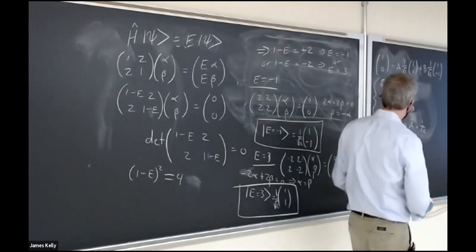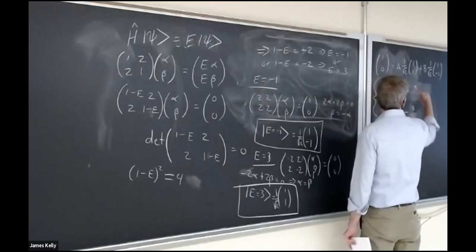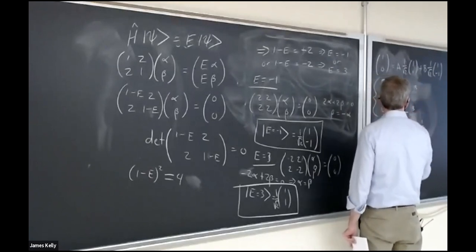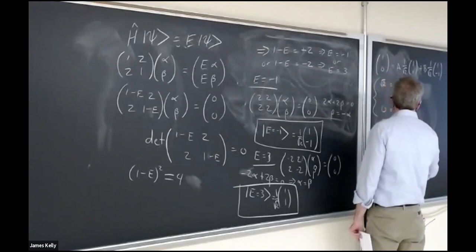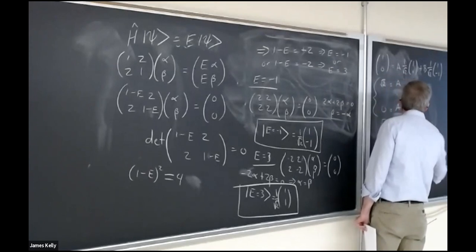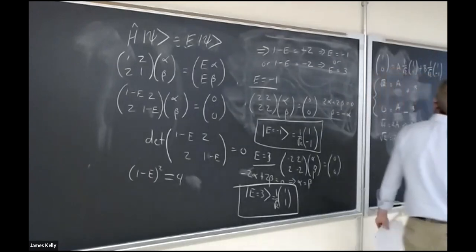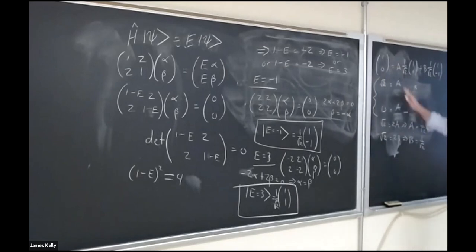Root 2 minus 0 is still root 2, right? The A's go away, and I get B minus B, that's 2B. And that means B is also equal to 1 over root 2. Okay? So that means my expansion here, I'm just going to substitute those in.